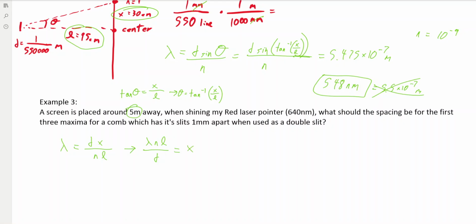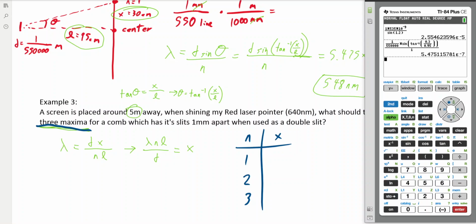So we get X by itself. So what we're going to do now is say, okay, it says the first 3 maxima. So what we're looking for is when N equals a value, 1, 2, or 3, what is the X distance? Okay, so we're just going to go ahead and plug those in.